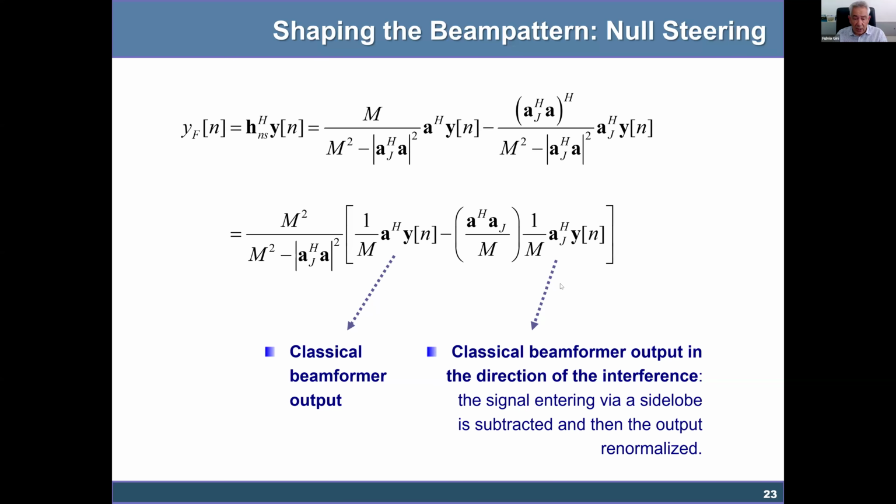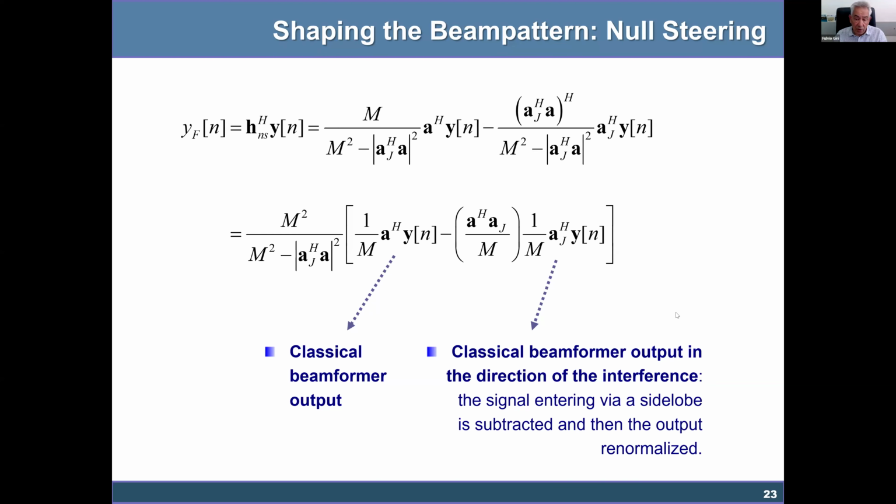So basically, this is like if you create two beams, one steered in direction theta, the other steered in direction of the interference. The beam steered in the direction of interference has the purpose to measure the interference. And then you subtract. So you cancel the interference from here. So this subtraction basically implements the interference cancellation.